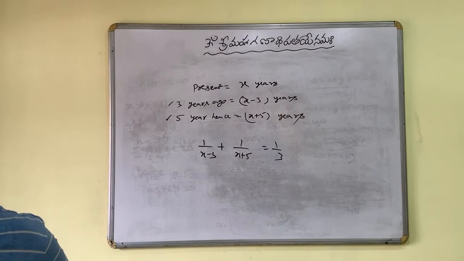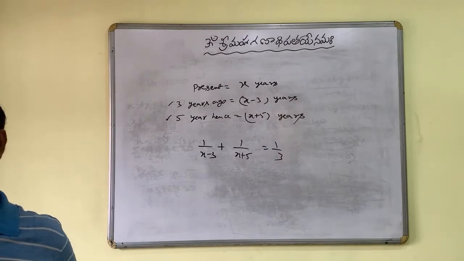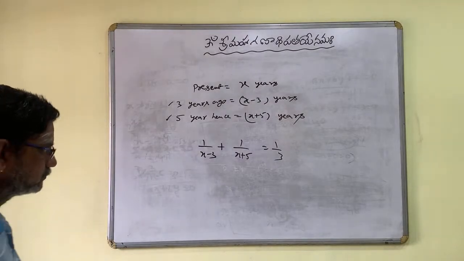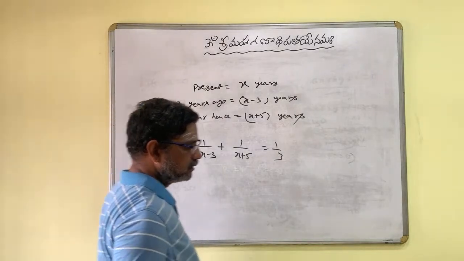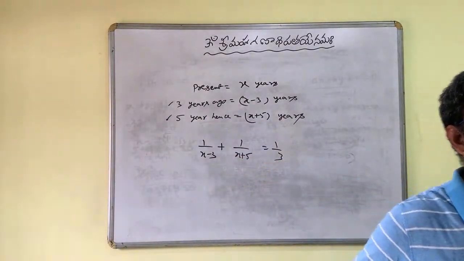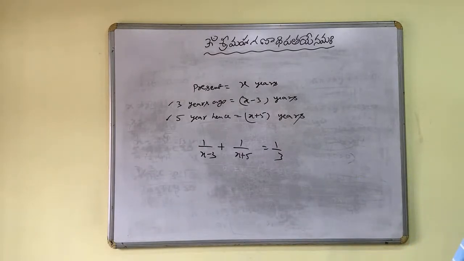Now I will give you 1 minute. Go through the question and try to understand this concept. Sum of the reciprocals of Rahman's age 3 years ago and 5 years from now is 1 by 3. Find his present age. That is the question. Did you understand the question?